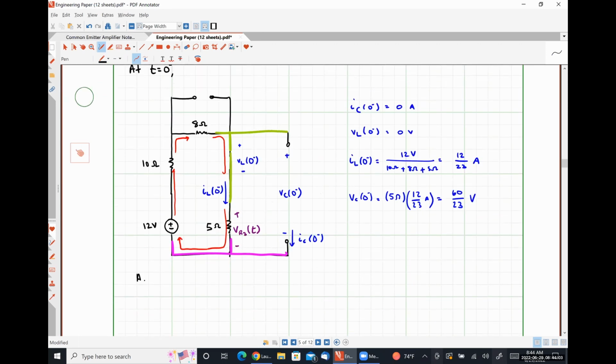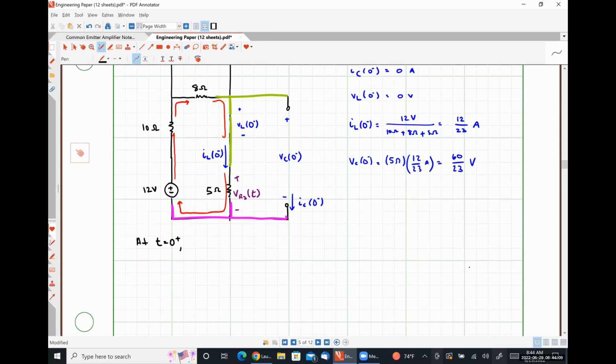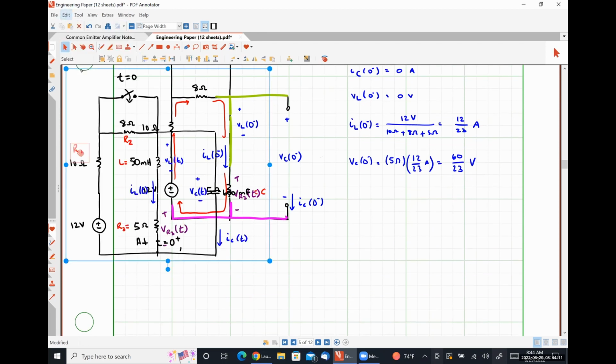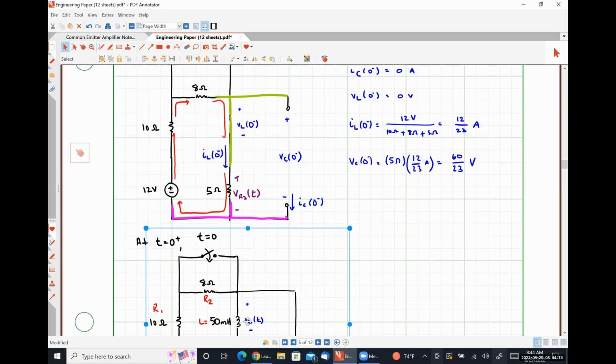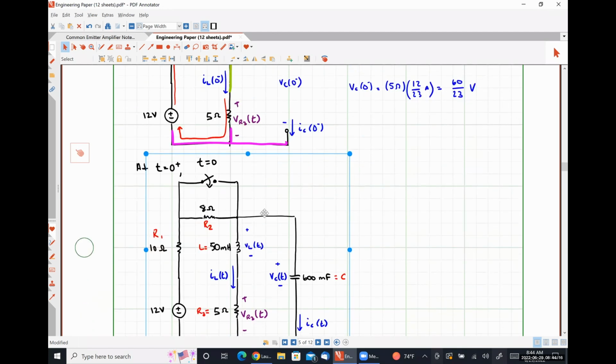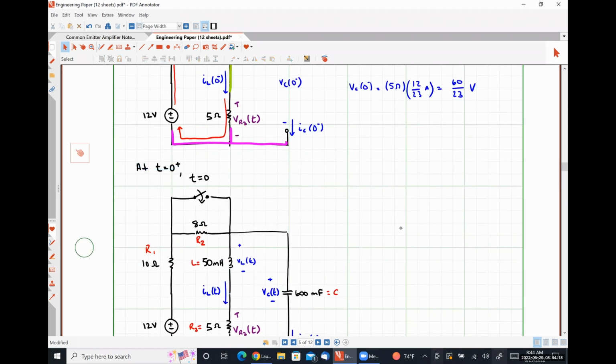At t is equal to 0 plus, I'm going to copy the circuit again, and we're going to talk about what happens here.